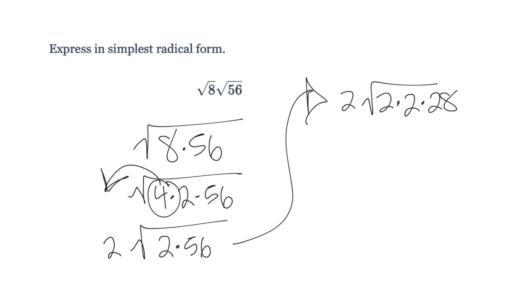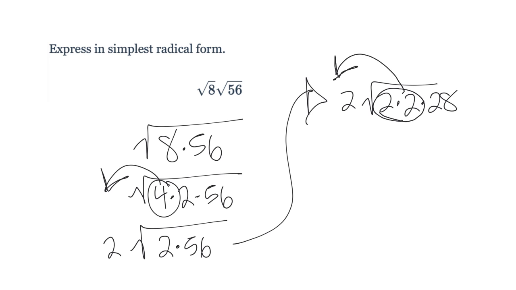All right, so now I have a 2 and a 2 on the inside. 2 times 2 is 4. 4 has a square root, so we can pull it to the outside. So we're going to take both of these 2's together. And because 2 times 2 is 4, we're really pulling out a 4 here.